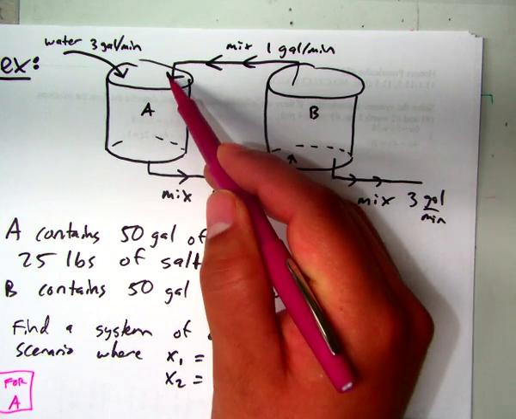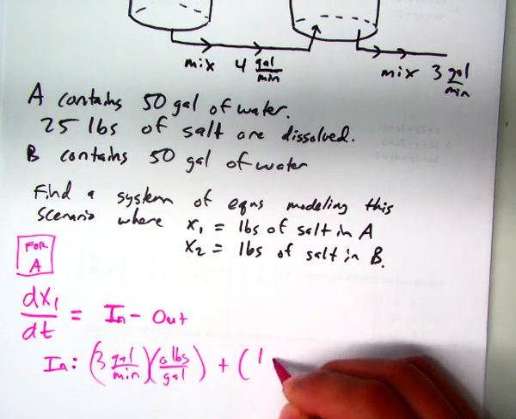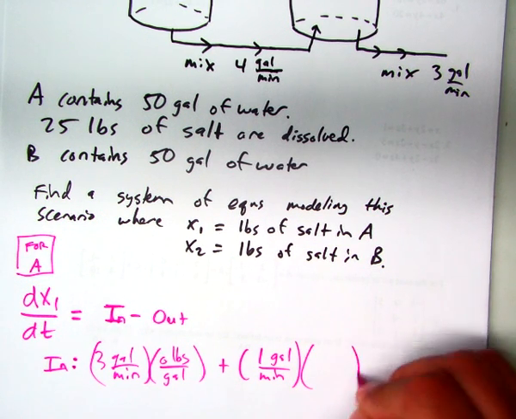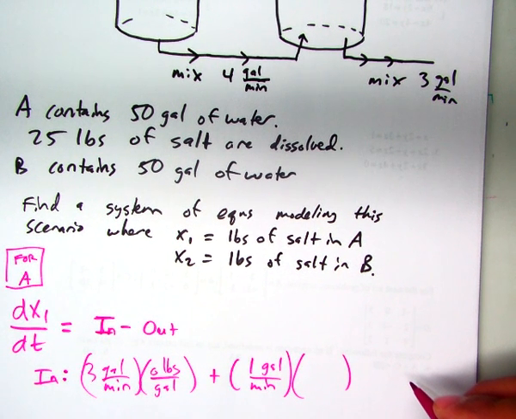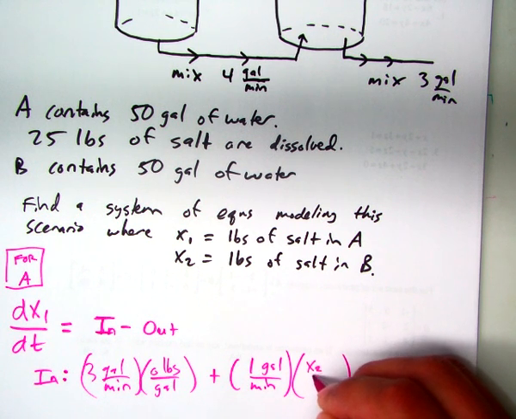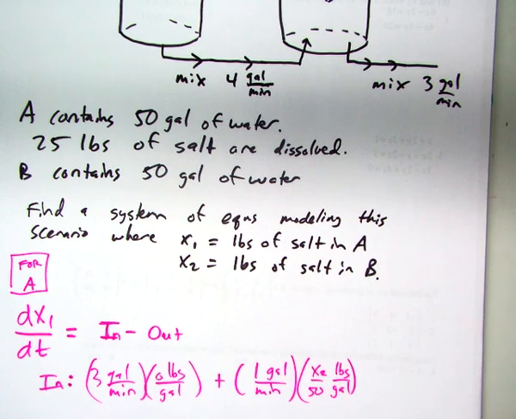We also have, from tank B, a mix coming back into A. And that's coming in at 1 gallon a minute. And the concentration of salt would be what? x2 over 50, and that's pounds per gallon.